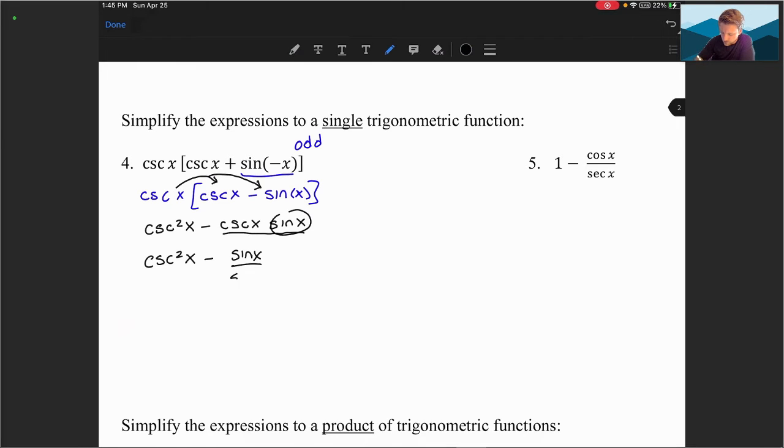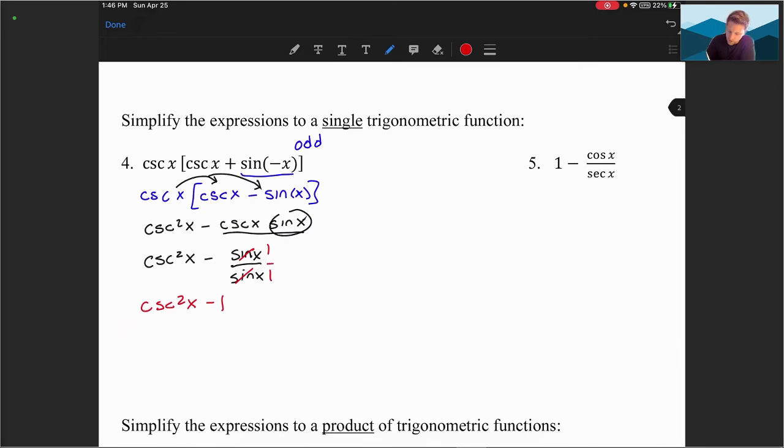So this is really sine of x divided by sine of x. So this expression here will actually just reduce down to 1. When we multiply our reciprocal functions together, we will just get 1 over 1, or just 1. So we're left with cosecant squared x minus 1.